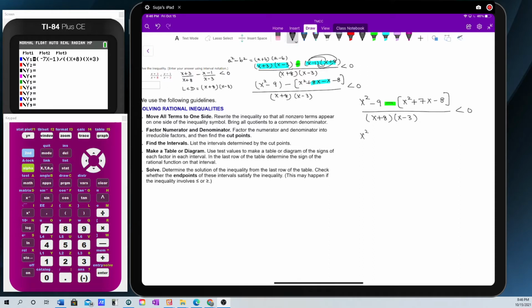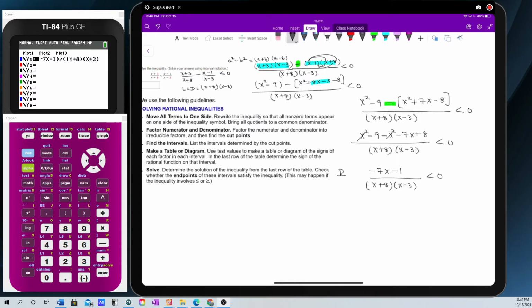So x squared minus 9 minus x squared minus 7x plus 8, whole thing divided by x plus 8, x minus 3 less than 0. Cancels out. I have a negative 7x minus 1 over x plus 8 times x minus 3 less than 0.